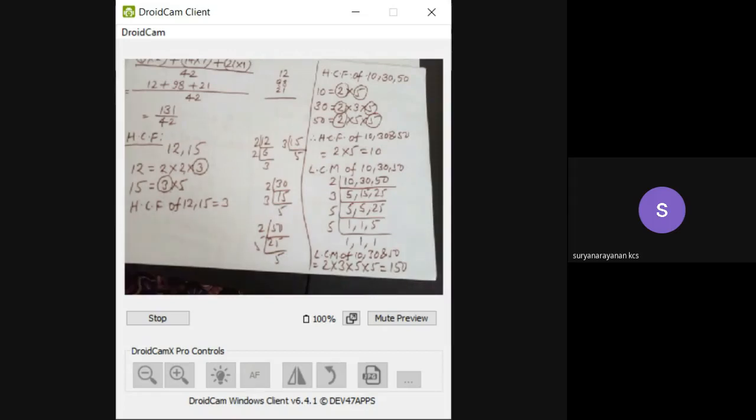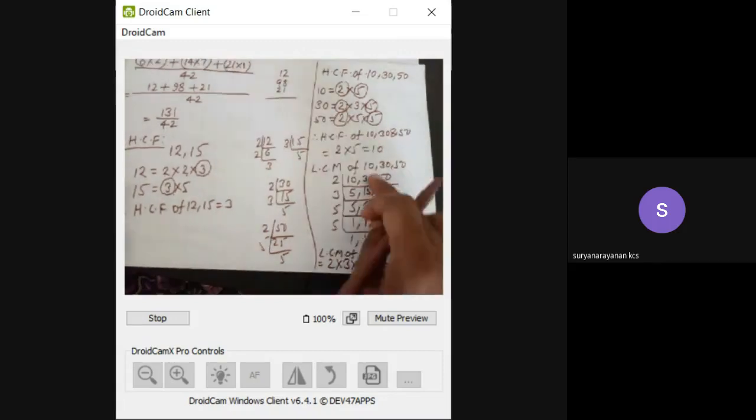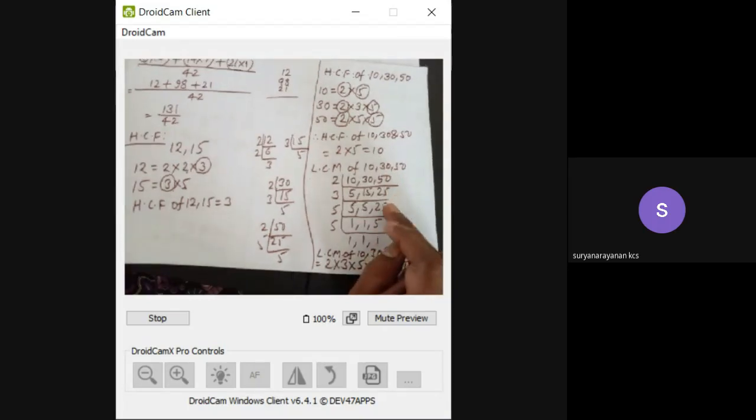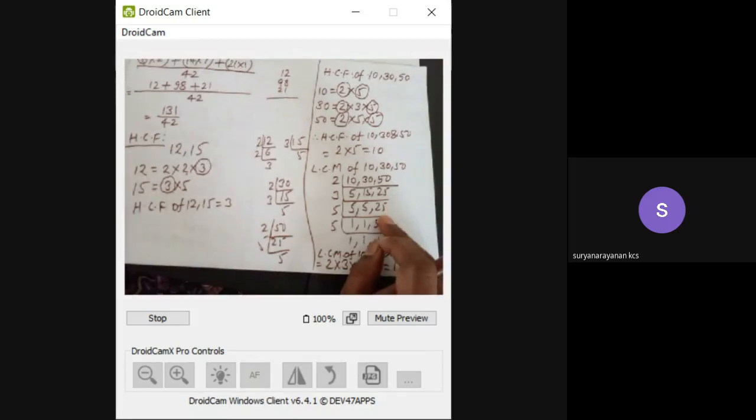Again and again I am telling you, when you are finding the LCM, don't go to the bigger table directly. Step by step only. 2 table. If it is not possible, we go to the next prime number, 3 table. If 3 table does not divide any number, then we go to the next prime number, 5 table. Do you remember this procedure?